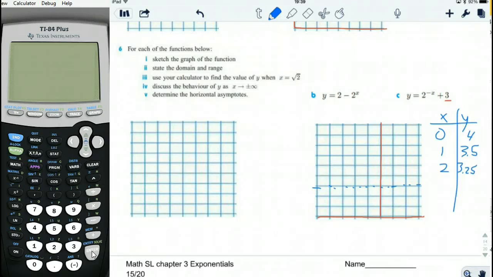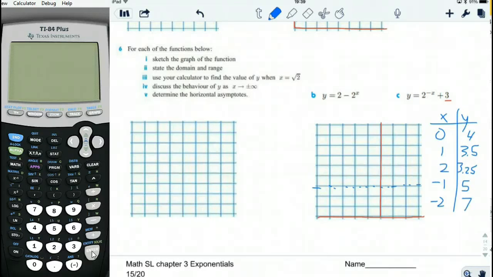Okay, you can see that on the right side of the y-axis, it's getting smaller. What about -1, -2? If we put -1, it would be 2 to the positive 1 plus 3, it would be 5. With -2, it would be 2 squared plus 3, that would be 7.